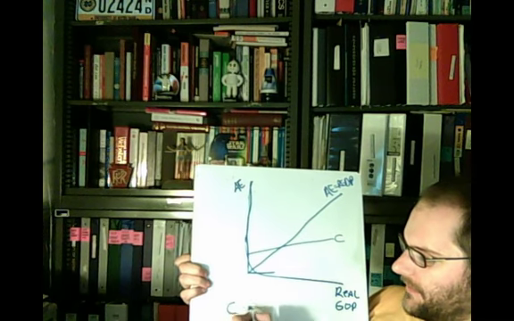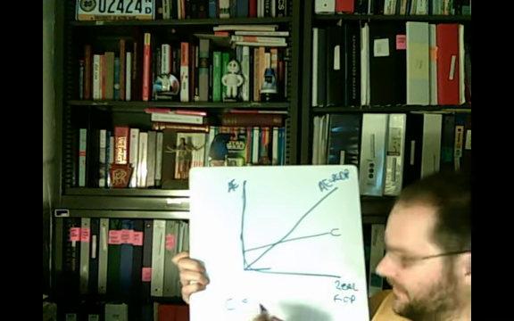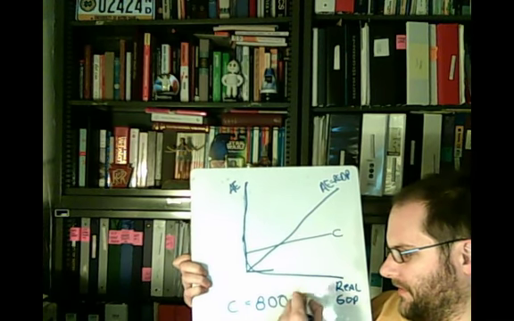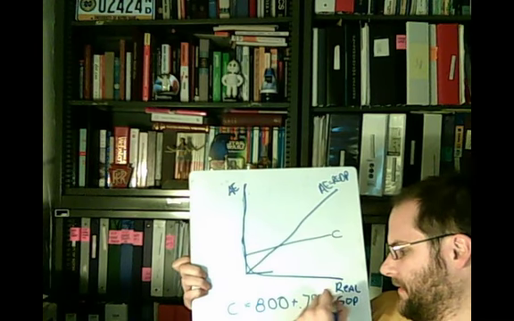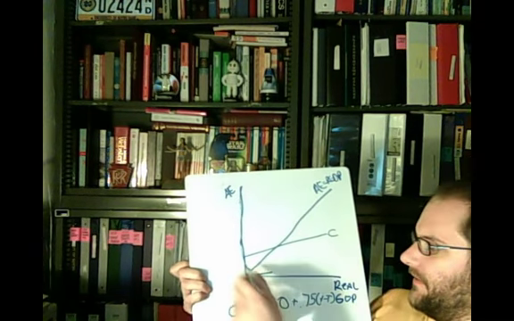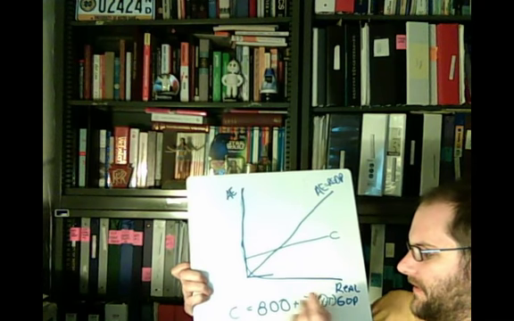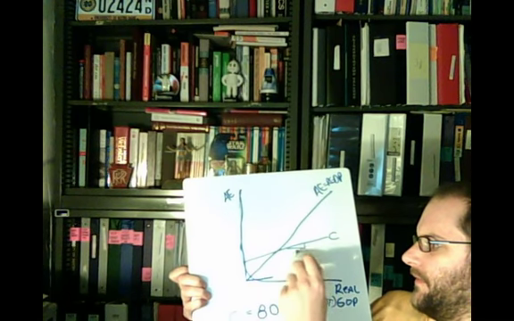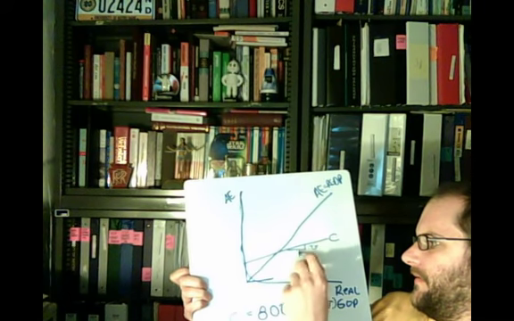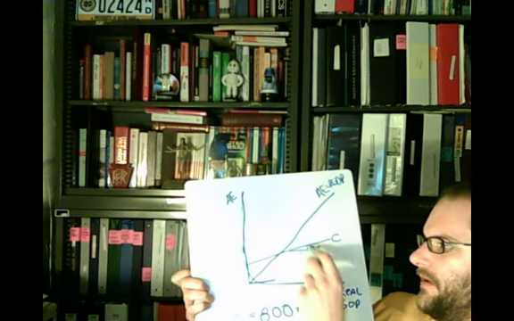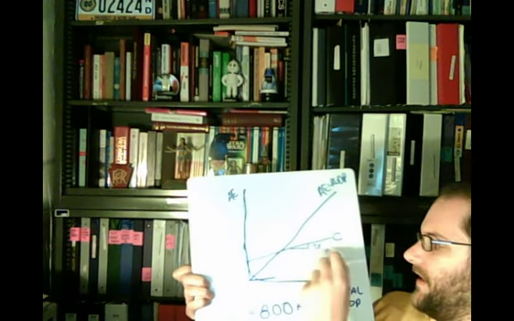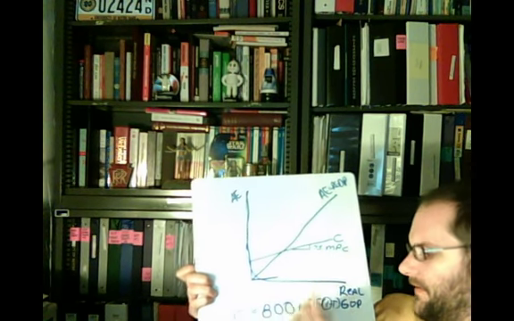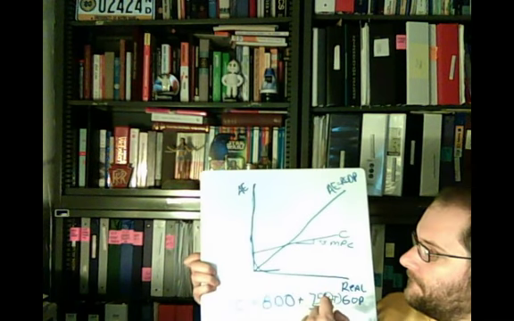We knew that because, if you remember from the previous part of this video, consumption would look like 800 plus 0.75(Y minus T). As income goes up by 1, consumption goes up by 0.75. So the slope of the consumption function is the marginal propensity to consume, this part right here.